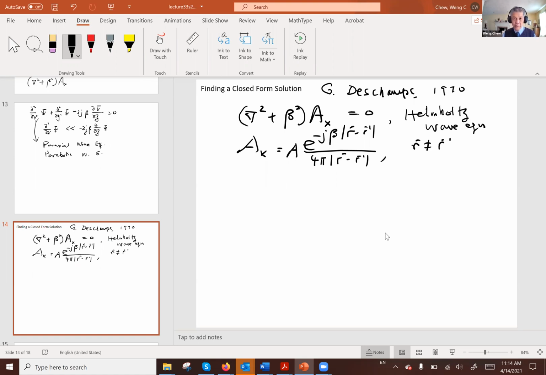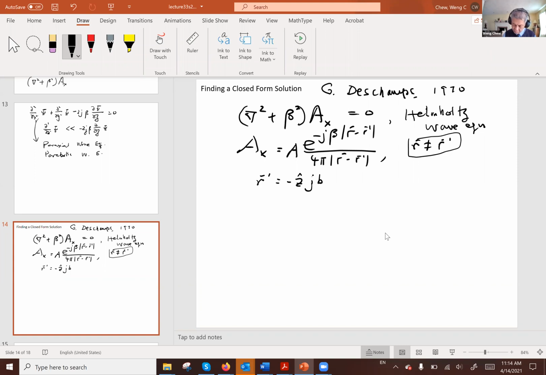Okay, but how can I ensure that r is not equal to r prime always? Well, I can do a trick. Let me do a mathematical trick by assuming that r prime is a complex vector. It is a complex vector pointing in the z-hat direction, but with the imaginary component jb.